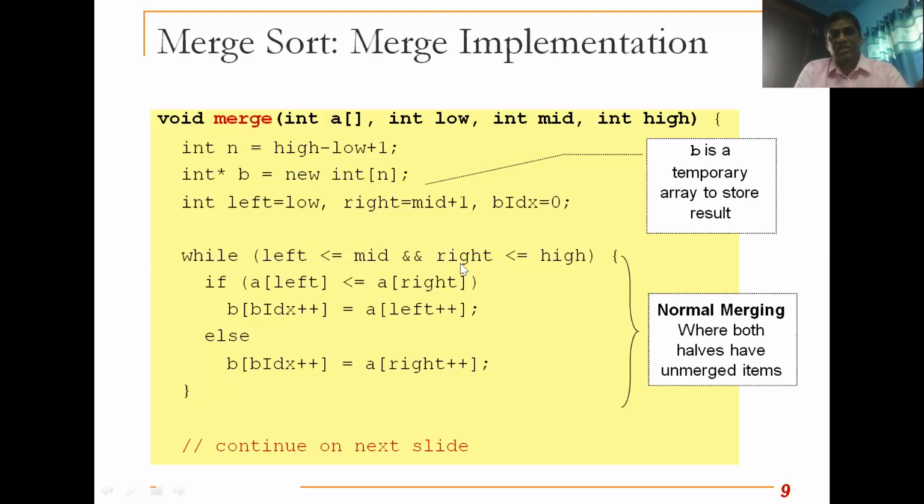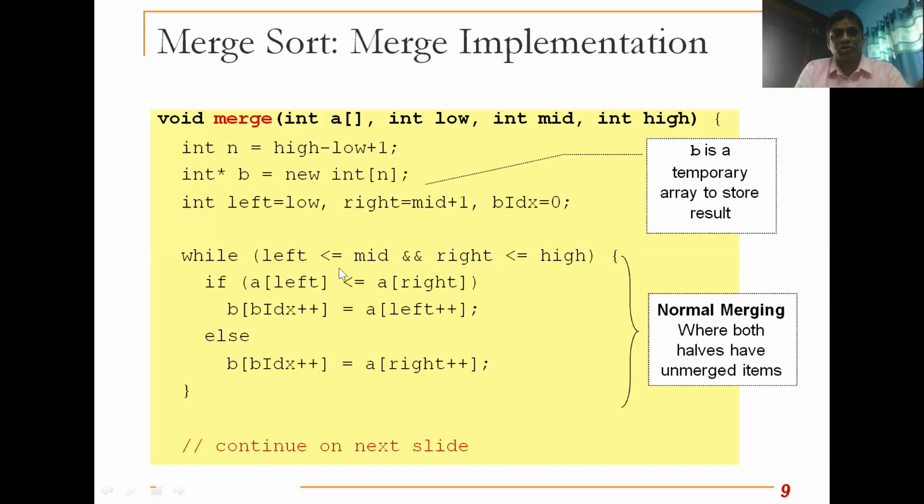And this ensures that there are elements in the second half. What is this right? Right is pointing to mid plus 1, that is the first element of the second list, and high is the last index of the second list. If right is less than or equal to high, then this means that there are elements in the second list also. So this condition makes sure that the first half has elements and the second half also has elements.